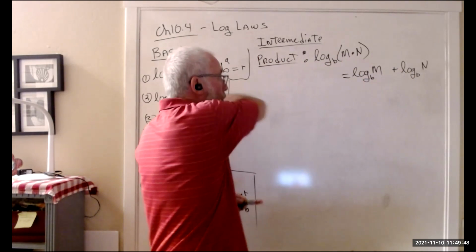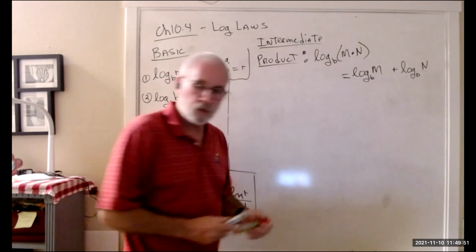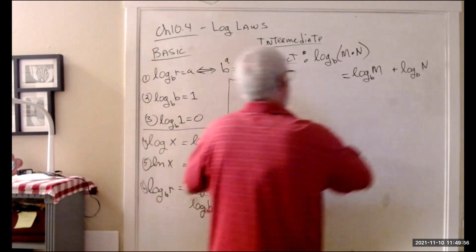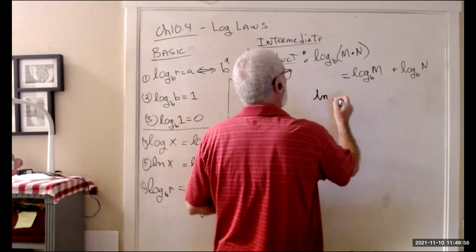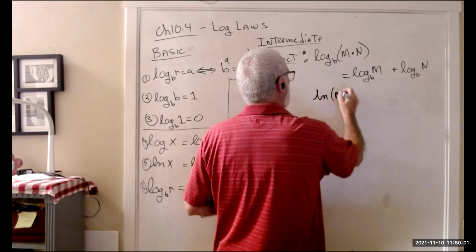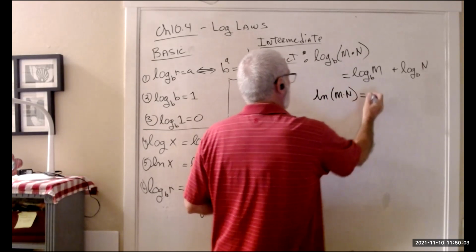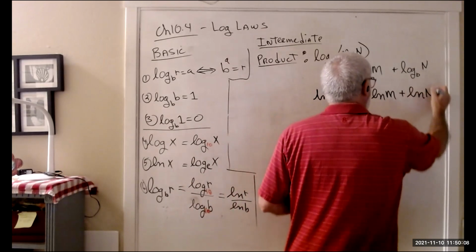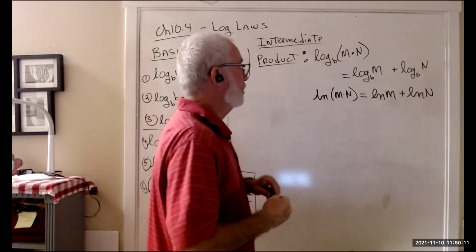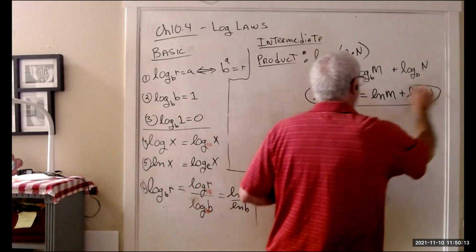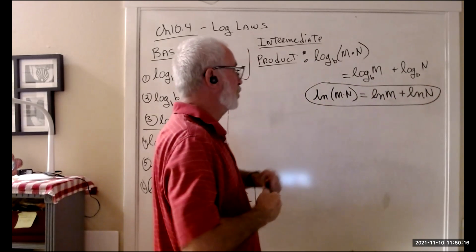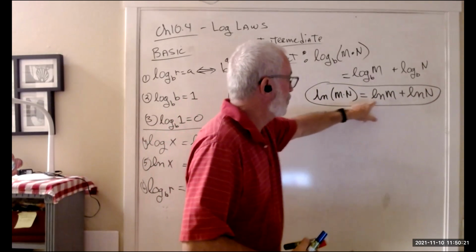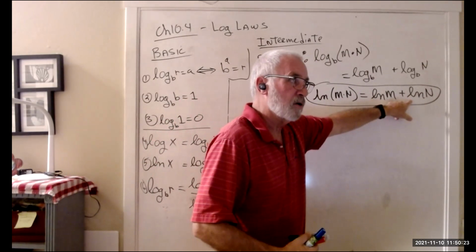Now there's a question: do log laws apply to ln's? Yes. This could just as easily have been the ln of m times n, which could be the ln of m plus the ln of n. A single ln of two things multiplying can be split into two separate ln's that are adding.